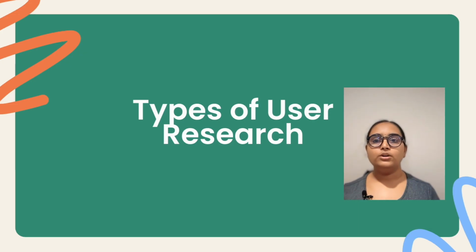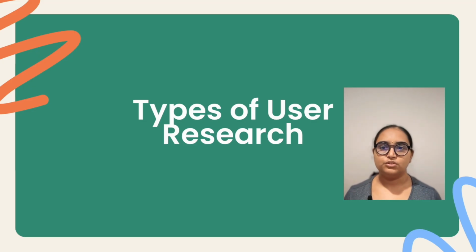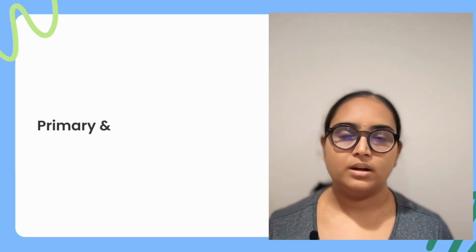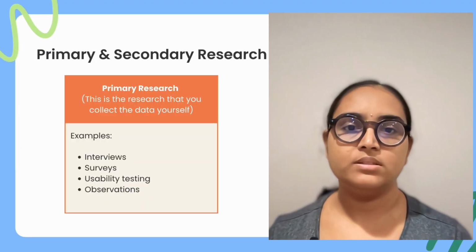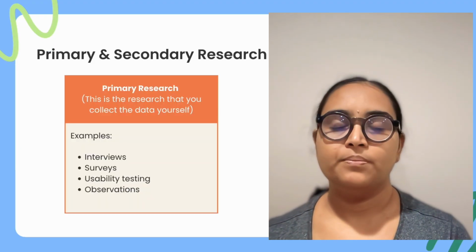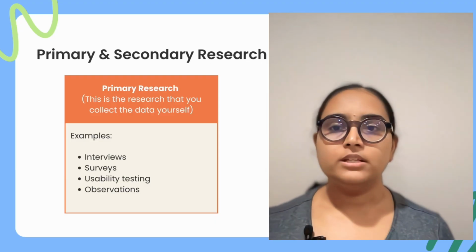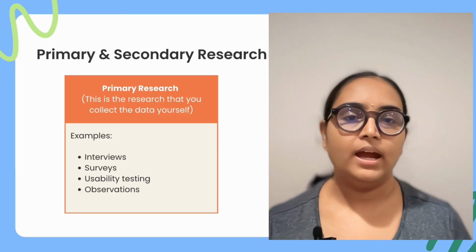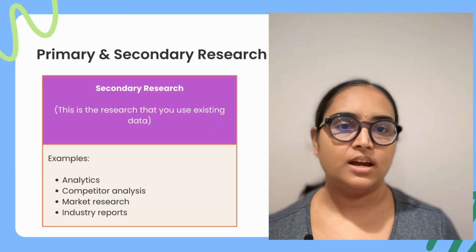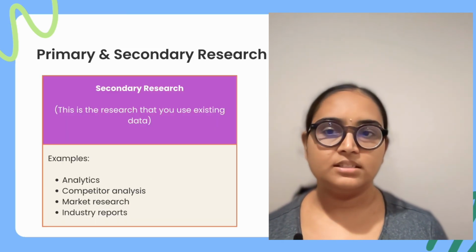Now, let's move on to types of user research. There are two big categories. First, primary research, and second, secondary research. Primary research is when you collect the data yourself, and secondary research is when you use existing data.